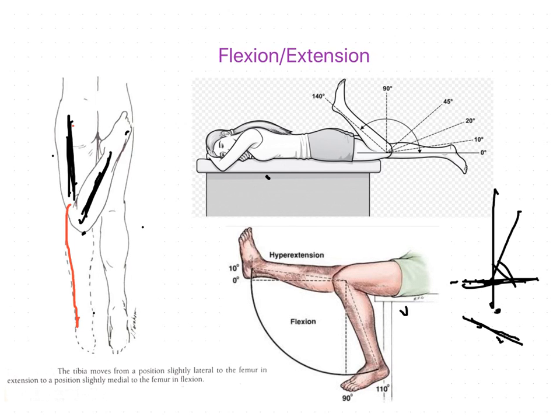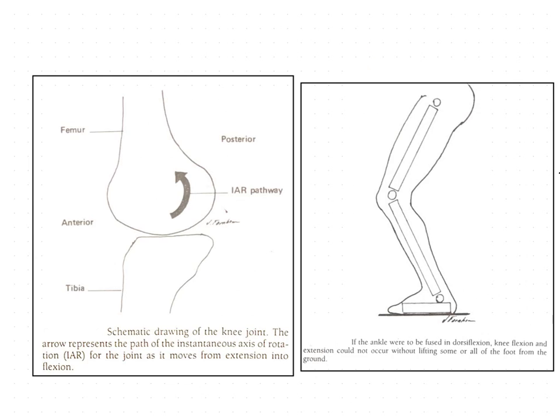Such an instant axis of rotation for each point in the knee joint range of motion can be found in a series of X-rays, and the path of the sequential centers is plotted here in this picture. We can see the pathway of instantaneous axis of rotation.